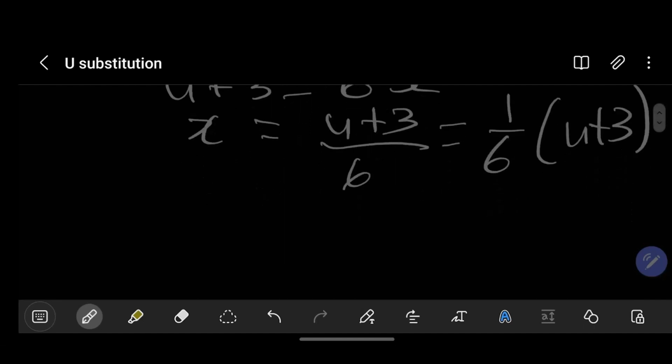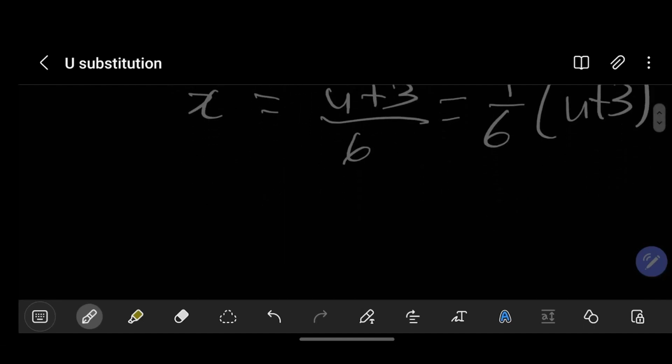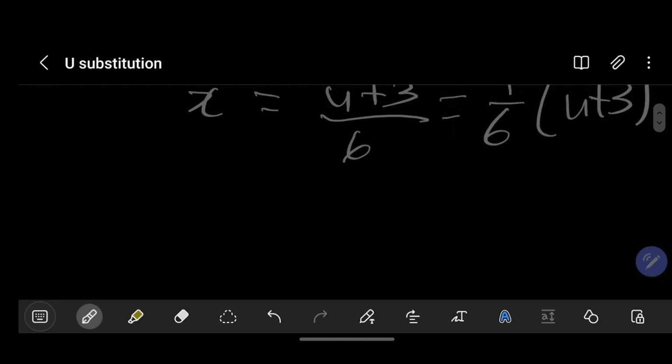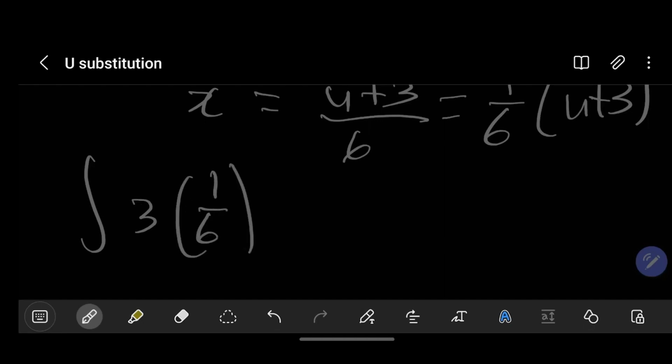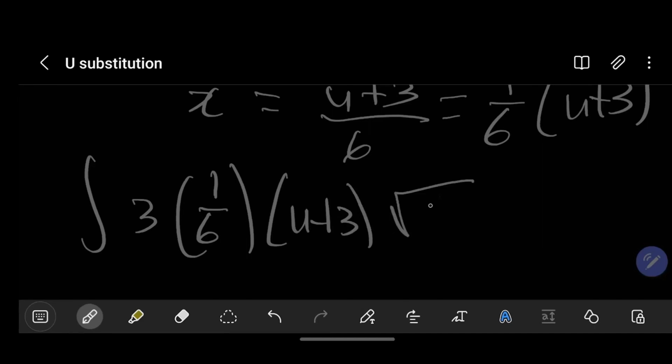So let's substitute back and make everything in terms of u. So we'll now have the integral of 3 into 1 by 6 into u plus 3, the square root of u du all over 6.